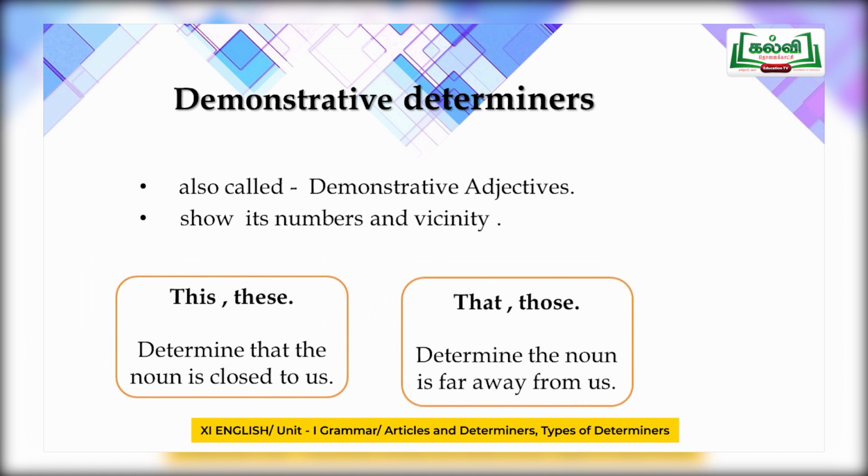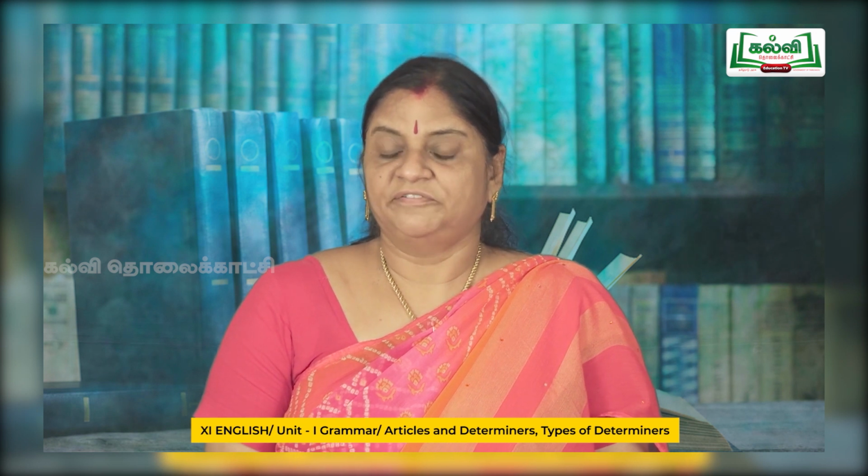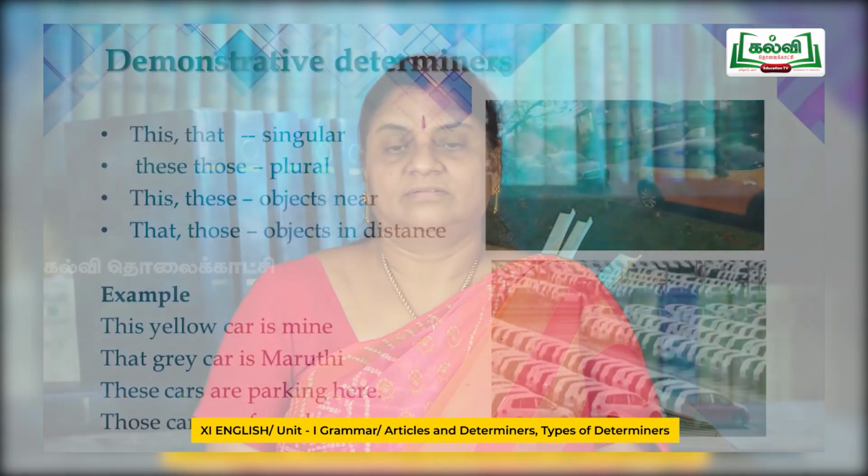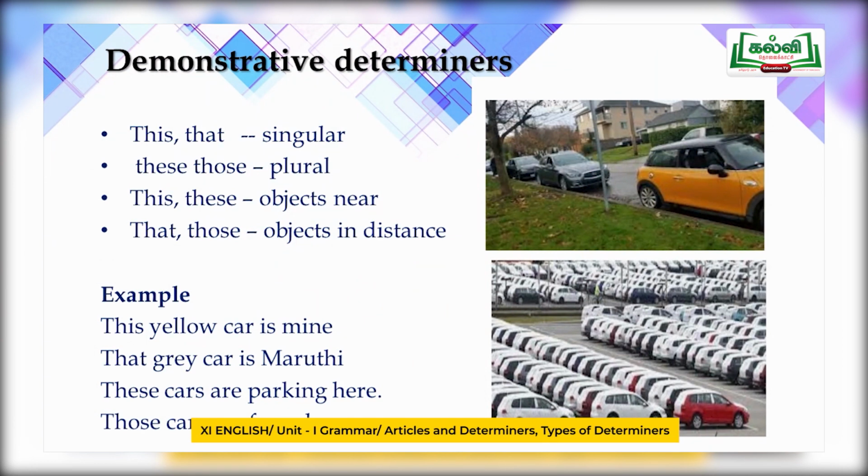That and those show that the noun is far away from us. This and these are very near to us; that and those, the objects are very far away from us. To differentiate the distance, we use this and these, that and those.